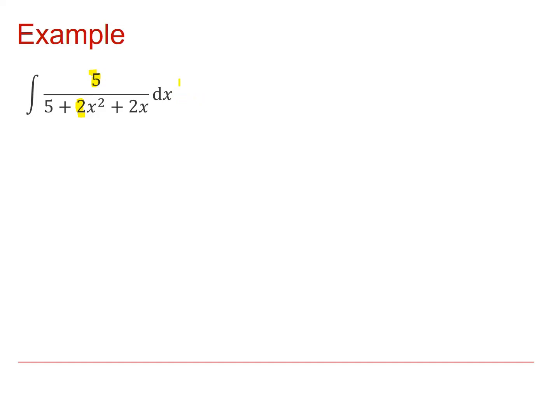So I'm going to take a factor of 5 out of the numerator. So I'm going to get 5 over 2. That's removing both of those factors. 1 on the top now, and 5 over 2 plus x squared plus x dx.